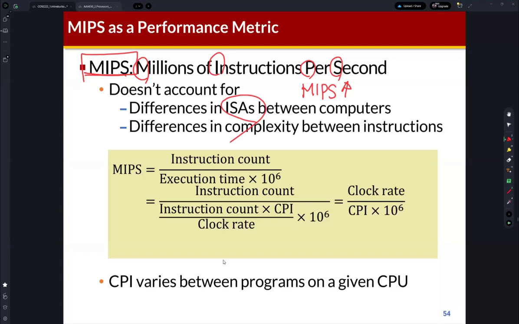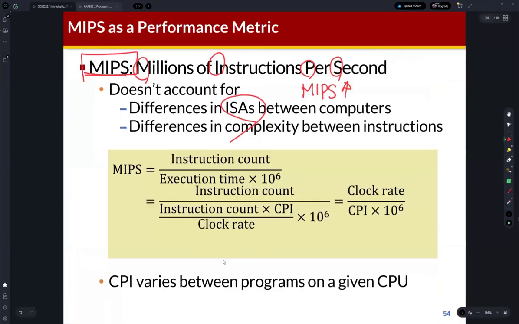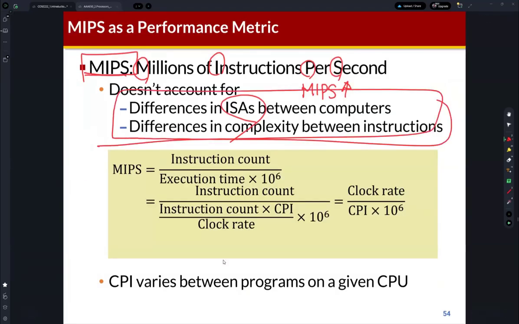Because MIPS only considers the number of instructions, but when we compare the performance, we need to actually consider the execution time. So do you understand? Okay, so this is important. Just to understand the definition.